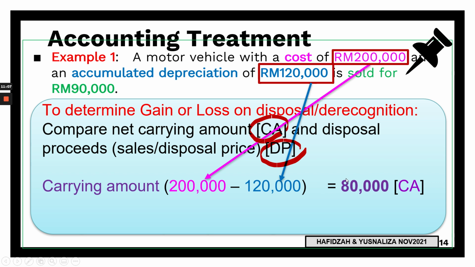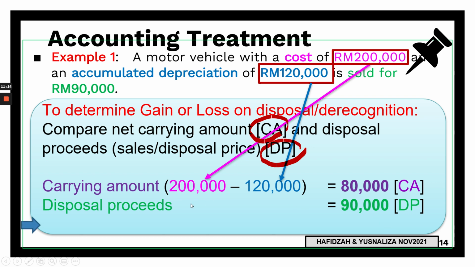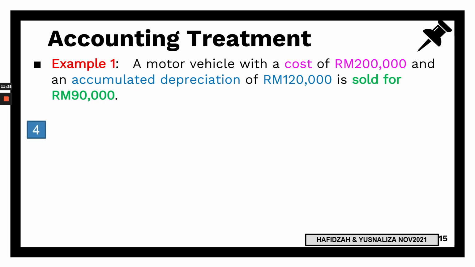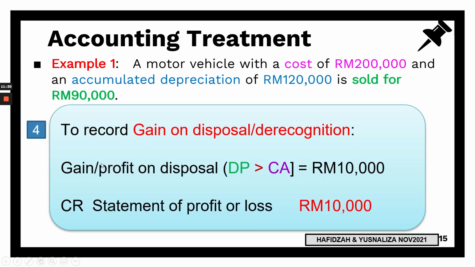So the carrying amount is 80,000. And you will compare that with the disposal proceed, which is 90,000, and therefore there is a gain on disposal because the disposal proceed exceeds the carrying amount by 10,000, and that is to be credited to the statement of profit or loss as other income. So that will have to be recorded as gain or profit on disposal, where you will credit in the statement of profit or loss.